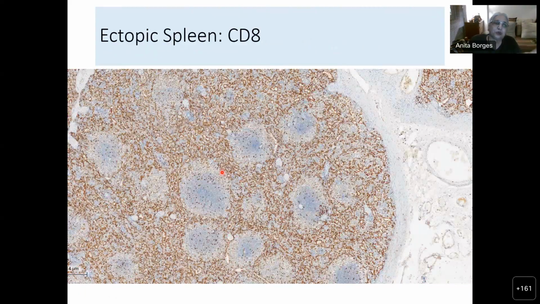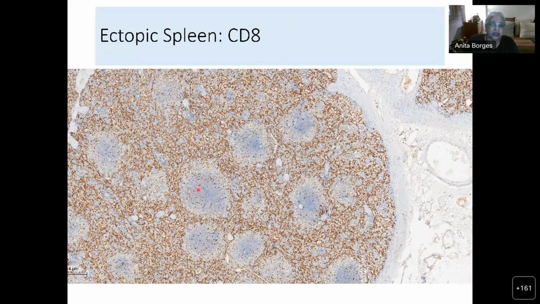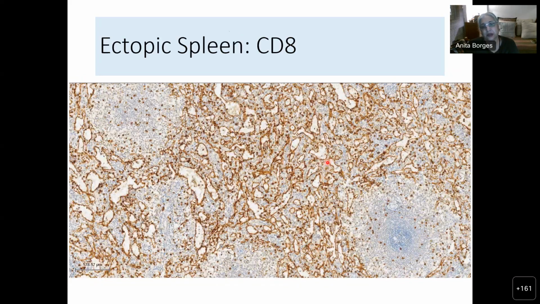Now, why did I show you CD8? It's interesting. You don't see it around in the T zone at all. That's the T zone, but it would be CD4, and there's no CD8 there. But look at where the CD8 is. Where is it being expressed? Well, it's being expressed in the endothelial cells of the splenic sinusoids.